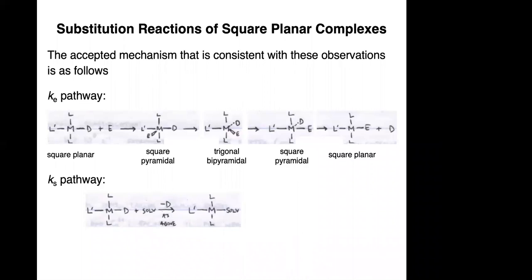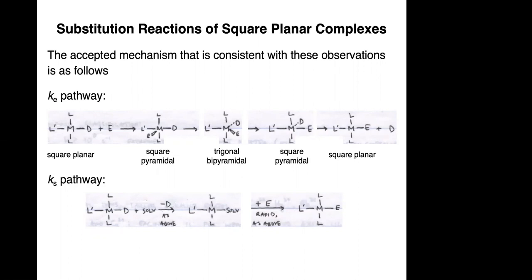It's going to bind apically to form a square pyramidal complex, and then swing around, and D will fall off from the apical position of the square pyramid, and that will give then a solvated species. And that solvated square planar complex can then go on to react with an entering ligand.